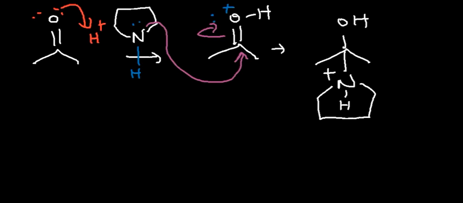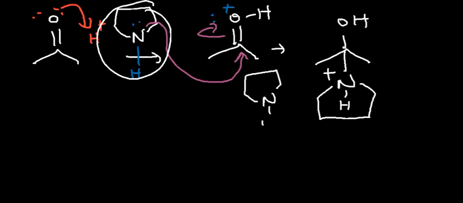So what's going to happen now? In order to kick out the OH, we still need to protonate it with a hydrogen. So we're going to use this molecule again to get rid of that hydrogen. So keep in mind, there's many of these types of molecules in the solution.